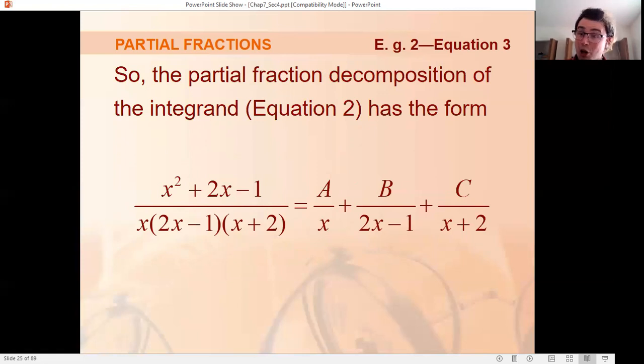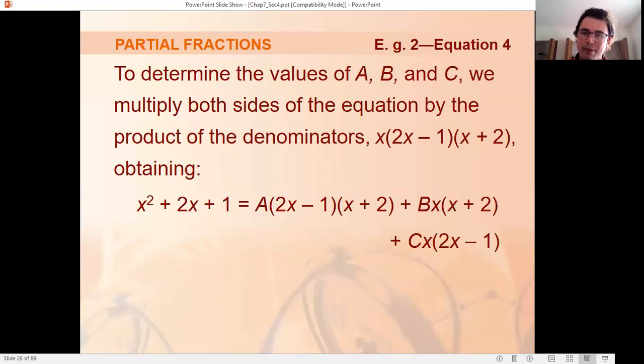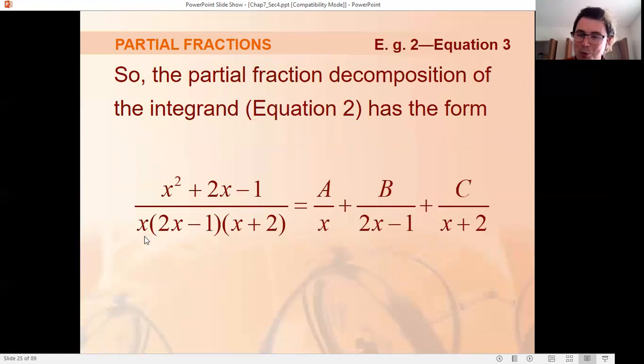So how do we actually solve for these numbers? We're going to solve for these by multiplying both sides of the equation by the denominator. Which denominator? This one right here, the one that we already know. I'm multiplying both sides of this equation by x times 2x minus 1 times x plus 2. That's going to clear denominators on both sides, and now I just get regular polynomials.